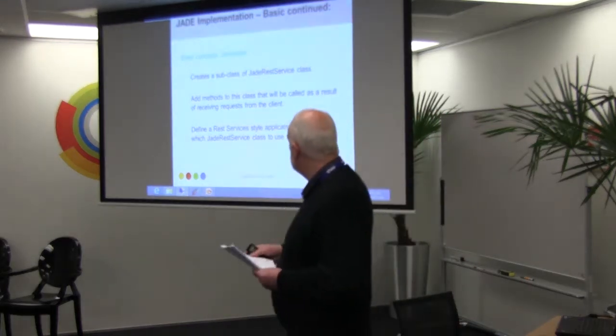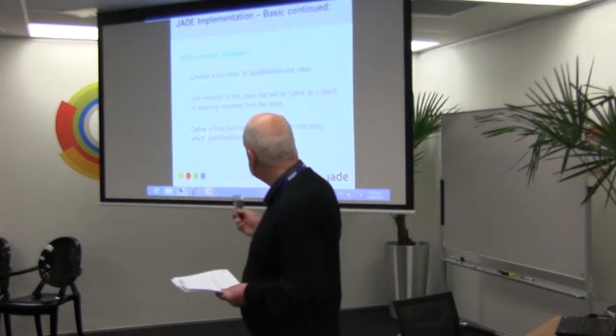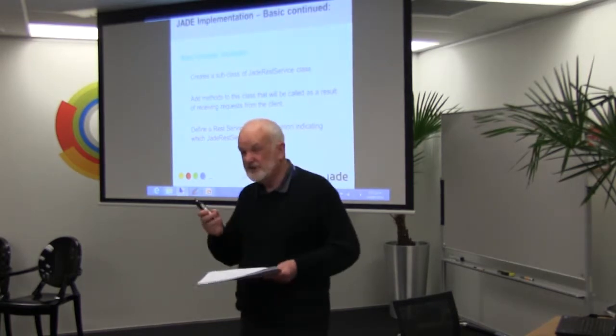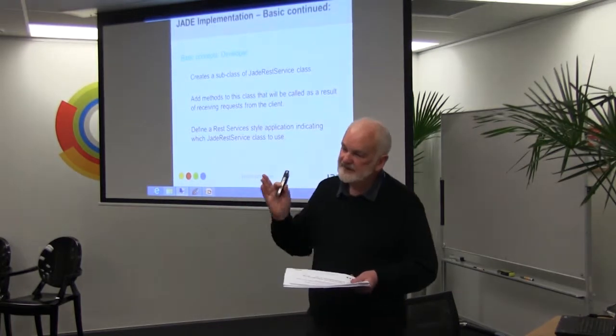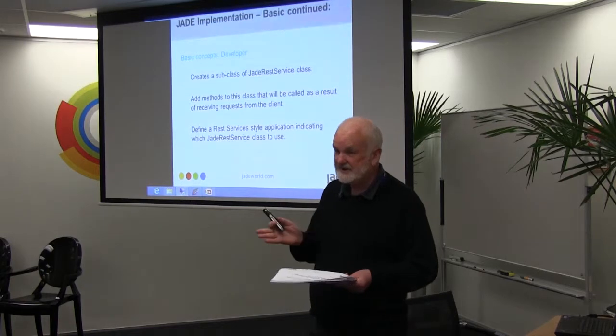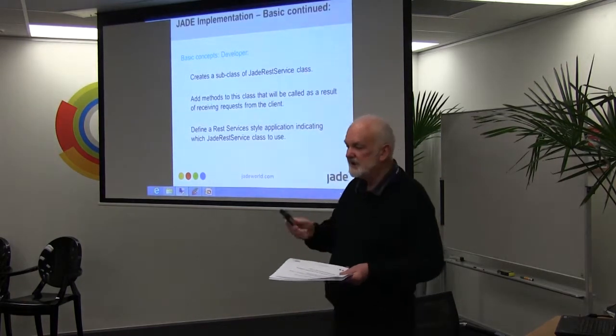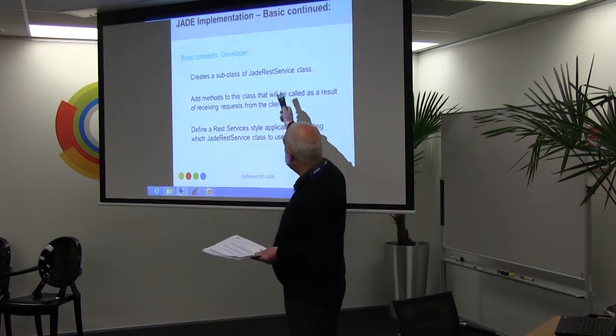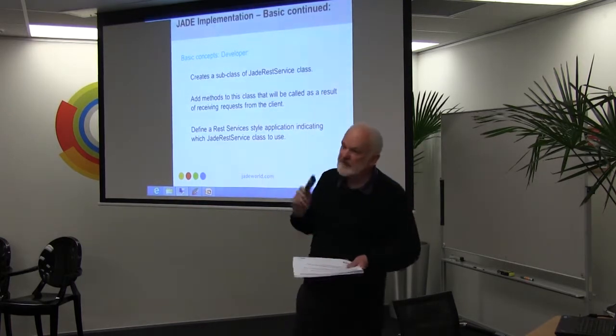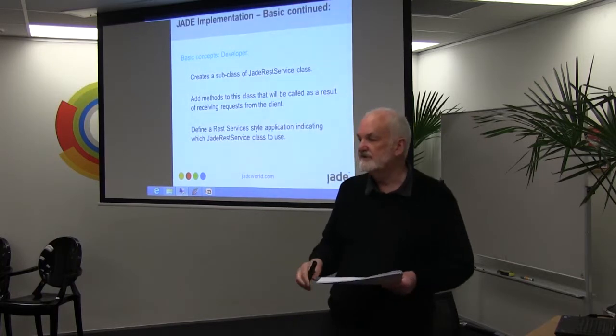And then we have to define an application. There are two new application types. That is a REST, saying it's a REST service application that's pretty much the same as you would for a web service. And you have to tell that application that you want to use this subclass as my designation for the service.